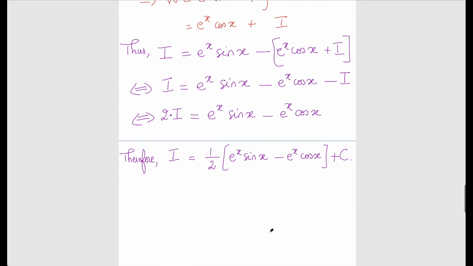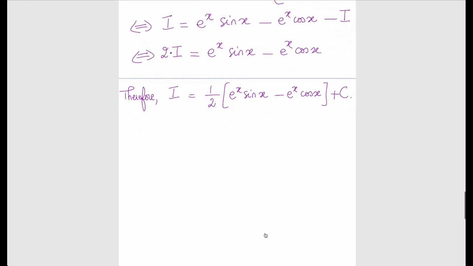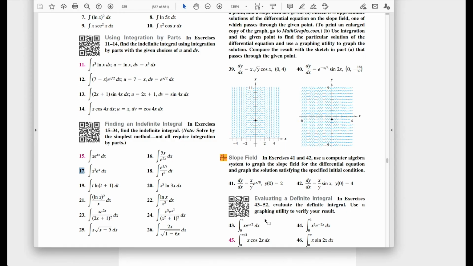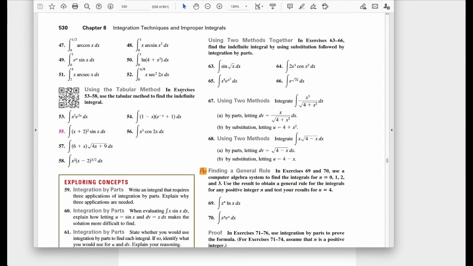Okay, all right. So I'm gonna take you back to the book now. Let's go to page 530 and let's go to how about 52? Okay, so we're gonna integrate. Now we have a definite integral.